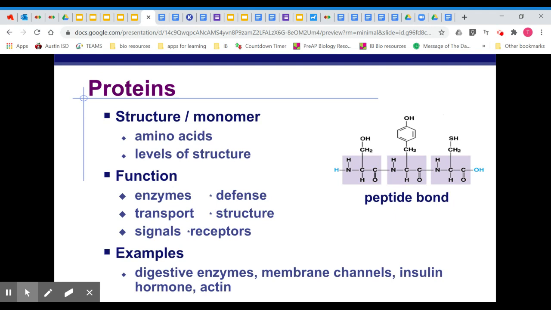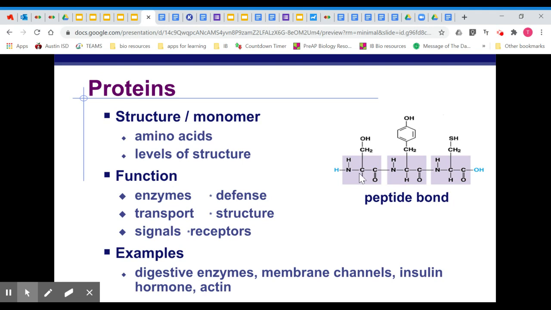Proteins, their monomers are going to be the amino acids. They will also be put together via dehydration synthesis or condensation reactions. They have a ton of different functions, but if you're looking at structure, they're made up of hydrogen, carbon, oxygen, but you also have that nitrogen coming into play.